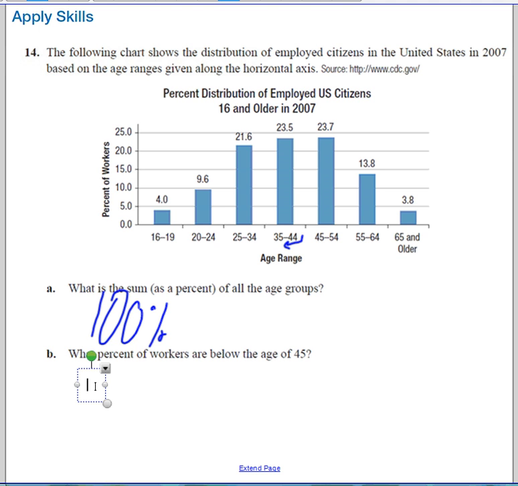If we start with the lowest, we have 4%, and we're adding to it 9.6%, and then 21.6%, and the final category that's below 45 will be 23.5%, and that gives us a total of 58.7%. So over half of the workers between the ages of 16 and up are under 45.